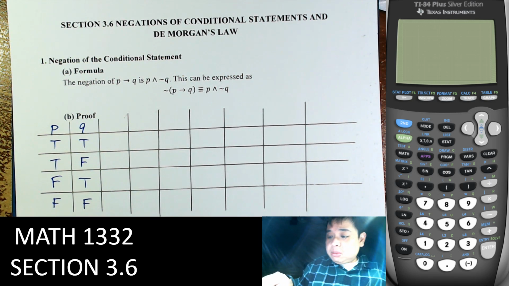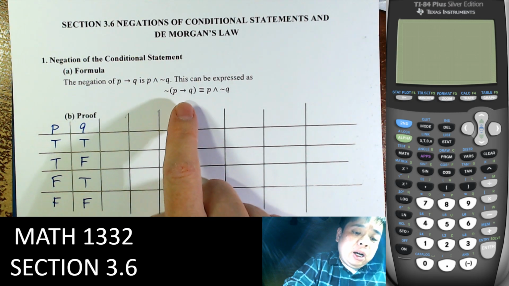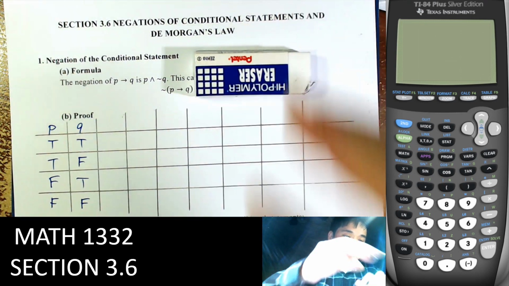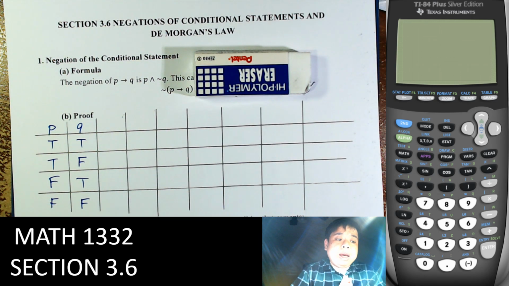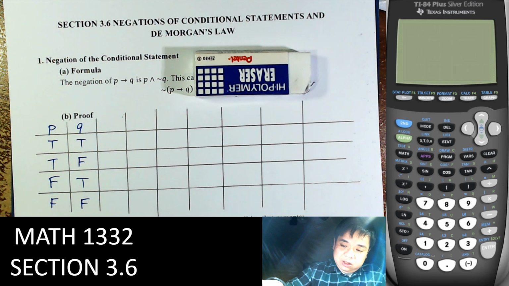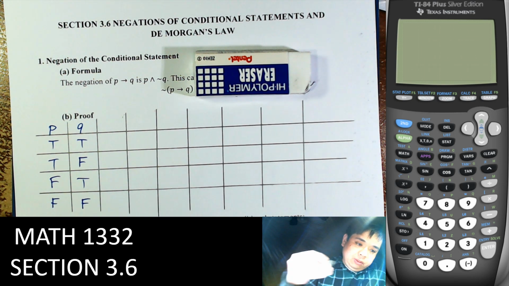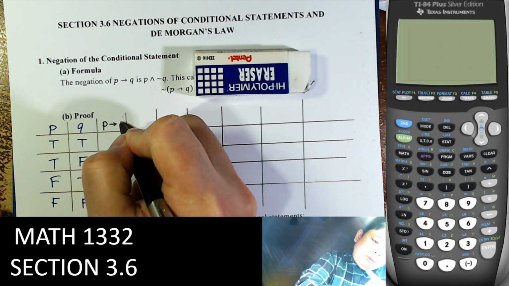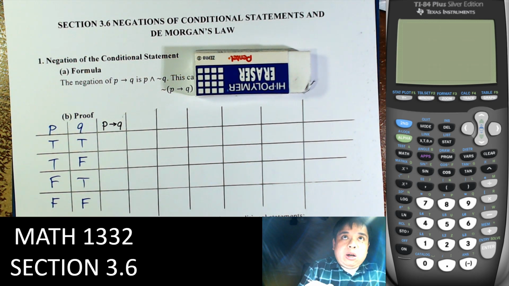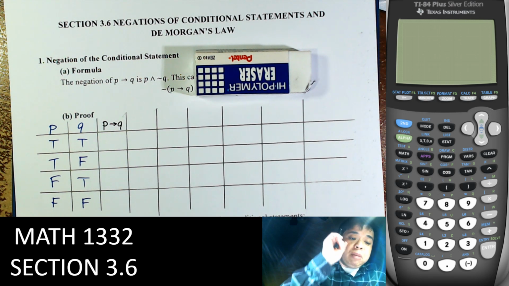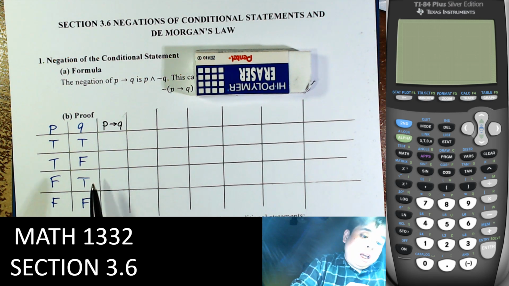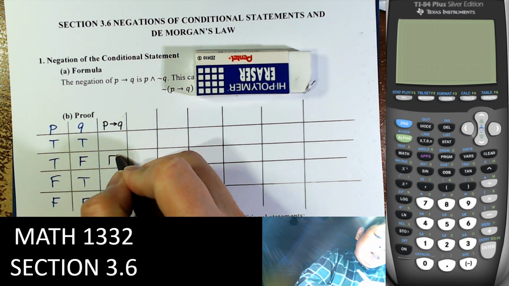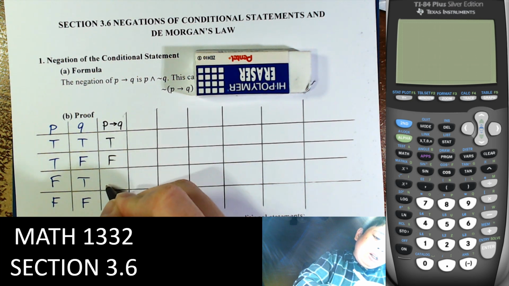Let's just focus on the left hand side. First we're going to do P implies Q. The conditional statement, if P then Q, is going to be false only if true implies false. So we have false here, and everywhere else is true.